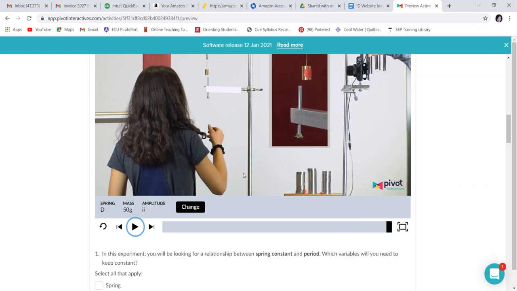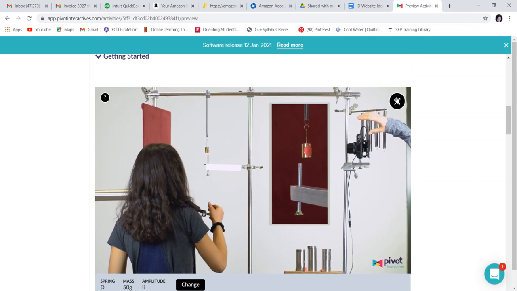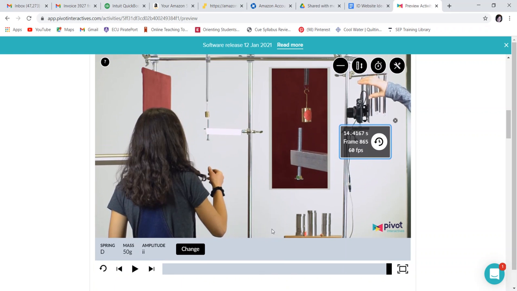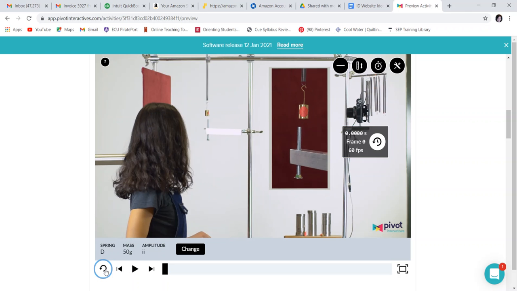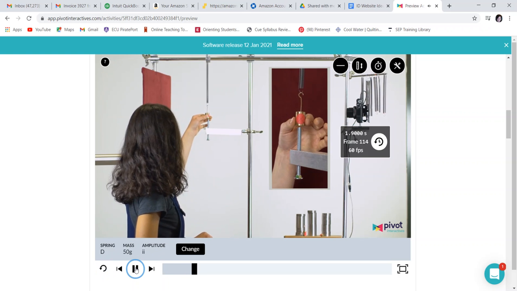So how do we do that? Well, we're going to turn on our tools and get the stopwatch, and place it somewhere where we can see it. And I'm going to reload this and play it.